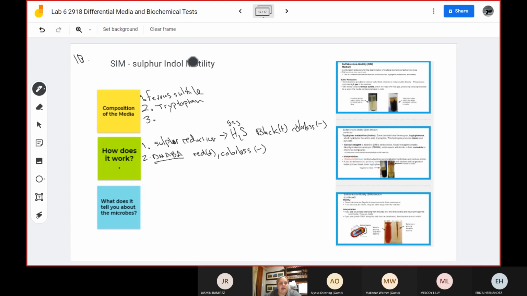The third test that we're looking at here is for motility. There's actually nothing that we add to the media that would test for motility, but it would tell us whether or not the bacteria can. So the first one, if it can reduce sulfur. Second one, if it can utilize tryptophan. And the third one would be whether or not it's motile.